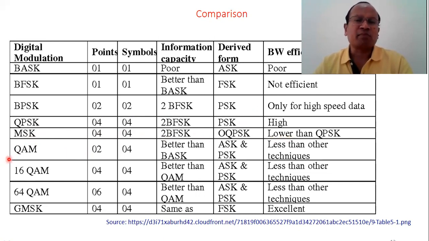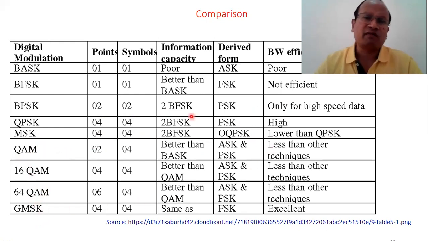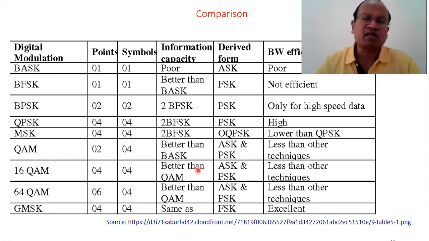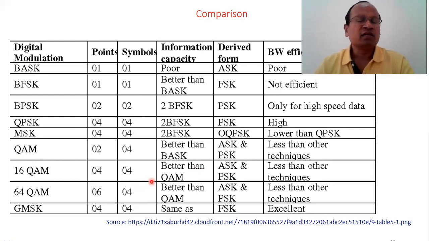Then there is quadrature amplitude modulation, which we will discuss next. Then we will have a comparison of 16 level QAM, 64 level QAM, then GMSK, in terms of bandwidth and information capacity. You can see that the information capacity is increasing more and more as we go to higher levels.